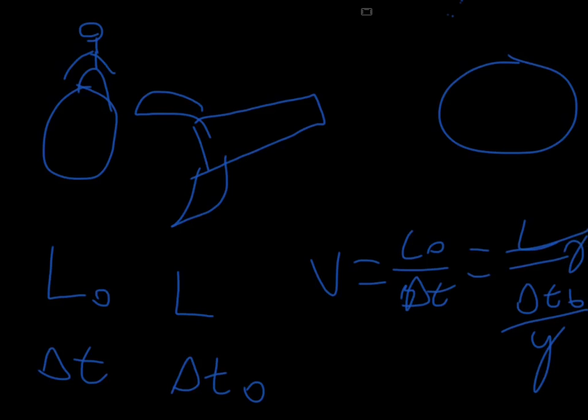In other words, let's say the proper length is 4.3 light years, and the delta t is 4.3 years. The length, depending on the speed, might be, I don't know, 2 light years. And that means that the time would be 2 years. Those ratios stay the same, so the velocity is the same.